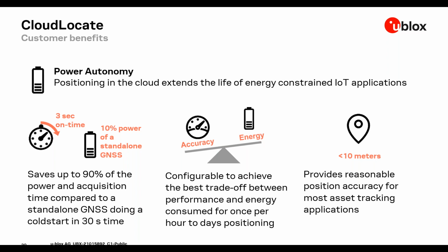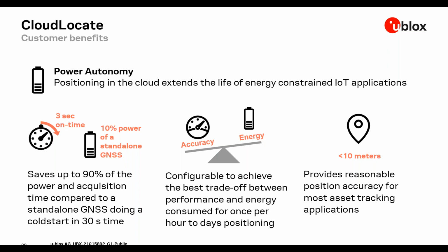But what you do is to keep the receiver switched on for a longer time to obtain more and better measurements, and then you can send the whole measurement in one message to the CloudLocate service.